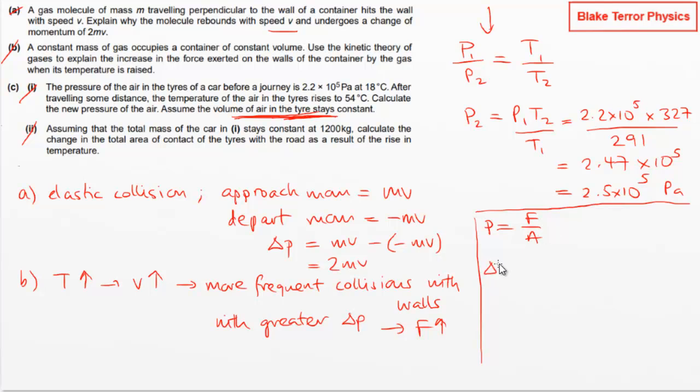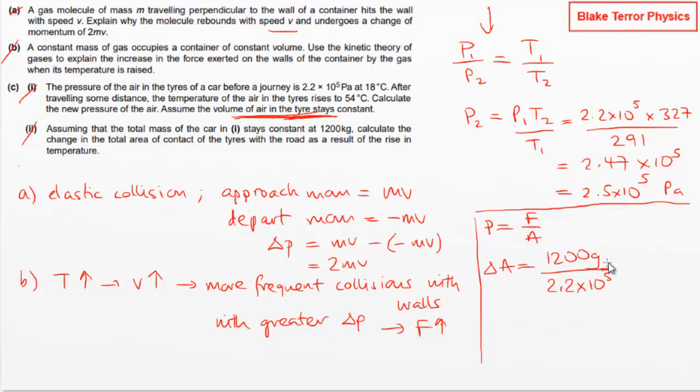Our change in area is going to be the 1200 g divided by the initial pressure. Because the pressure is lower, we'll need a higher area.